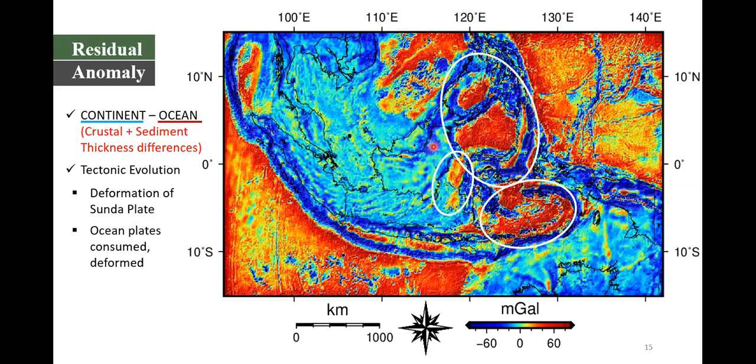Also, the ocean plates that have been consumed, as this one between Sulawesi and Borneo, and also beneath the Celebes and Sulu Sea, as well as the deformation of other oceanic crusts like the one beneath the Banda Sea. And also we can see the new oceanic crusts that have been generated in the northern region of the study area.